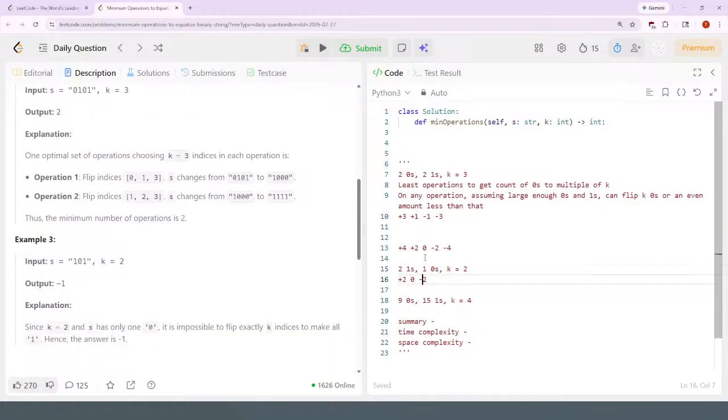How do I want to think about this? If I toggle these 2 ones, I can make them 3 zeros.